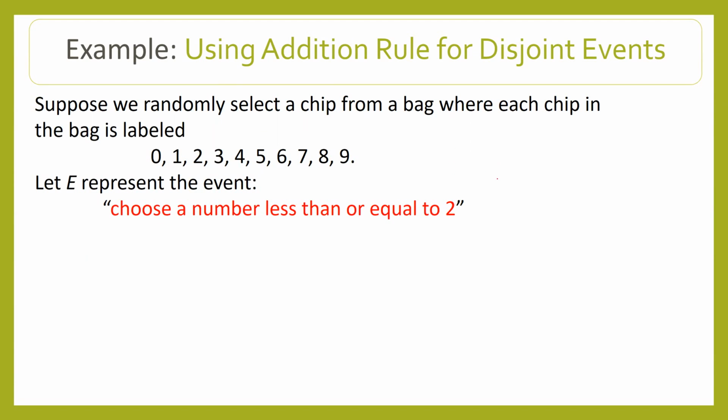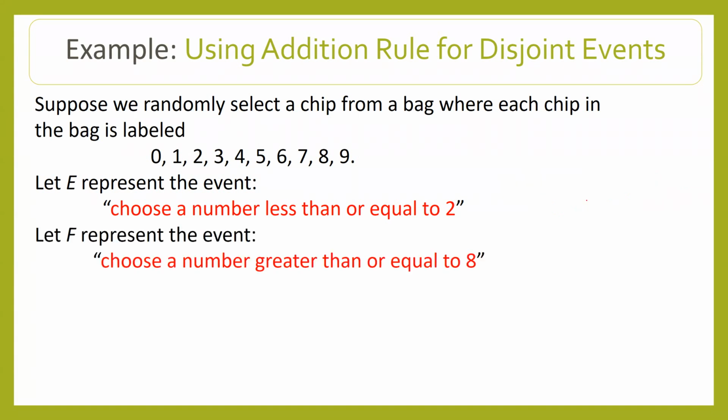So it means that E will be a set consisting of 0, 1, 2. Immediately we can see that the number of elements in E is 3.